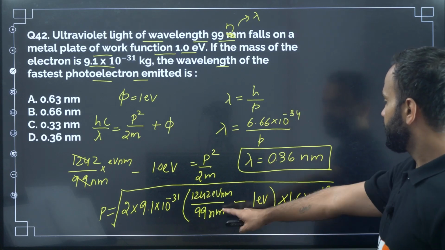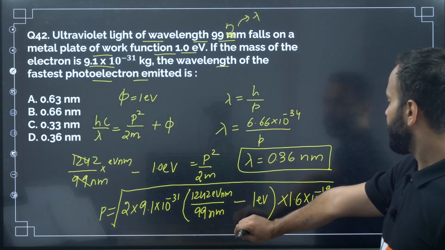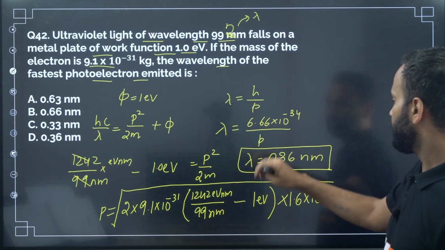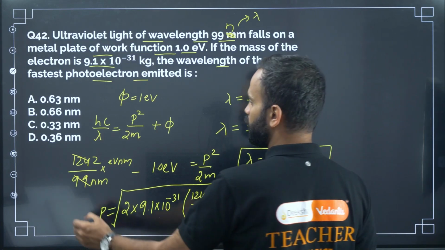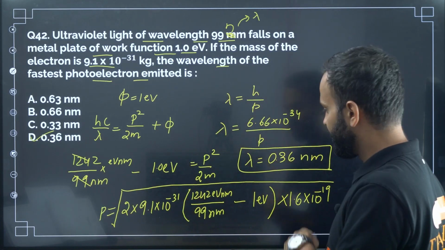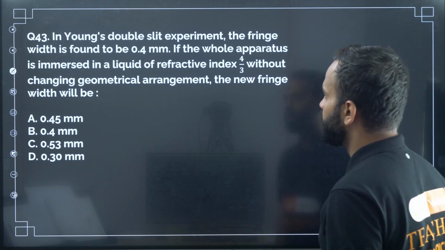Understood? Calculate the value of P, then apply the de Broglie wavelength and you will get the lambda. So the correct option is D. Next one, question number 43.